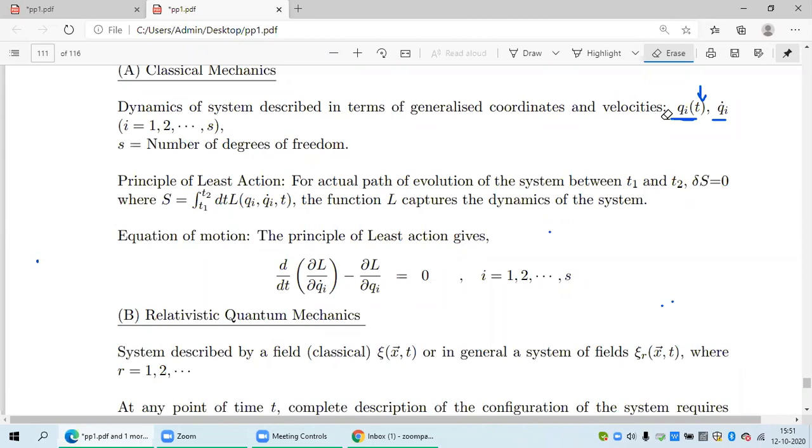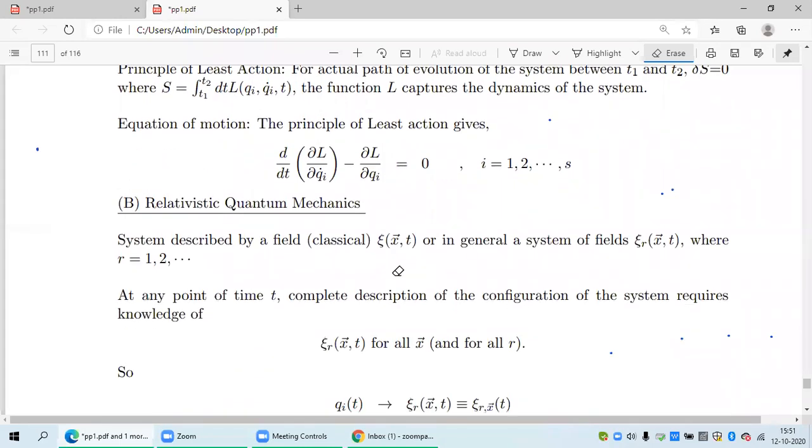For a system with n degrees of freedom, there are n generalized coordinates. That means to know the configuration of the classical system, you need n independent numbers. And to study the dynamics, you just see how these n numbers change with time.